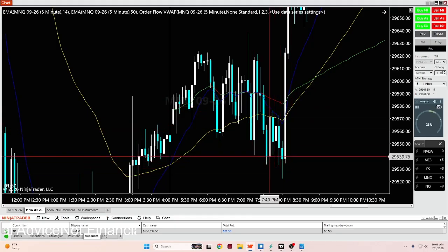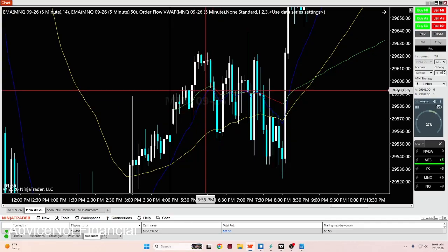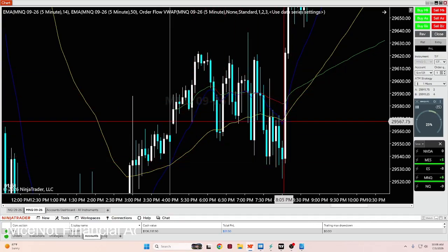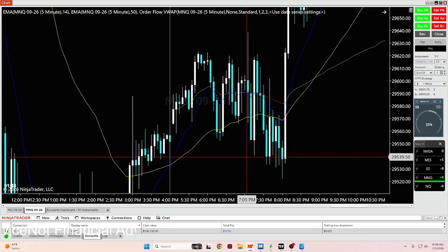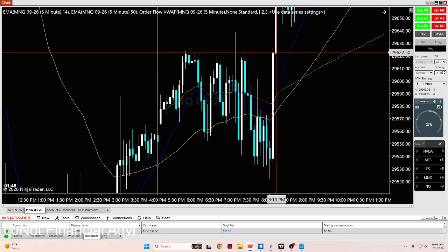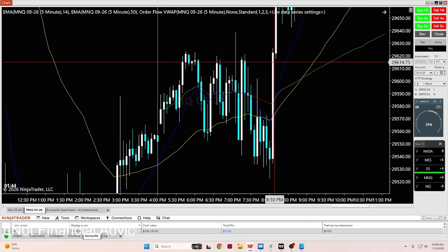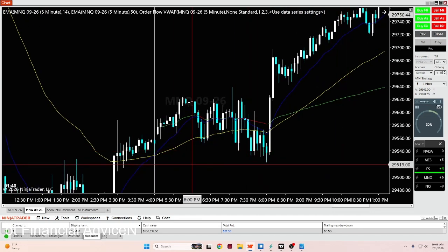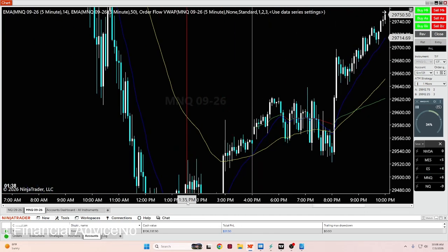More than likely, this would have hit your stop loss if you were riding this up and it started wicking down like this. But we don't know until we know. And then after that, you could have taken a long ride here because it broke this pattern and rode it to the promised land. But that's one way of trading it.